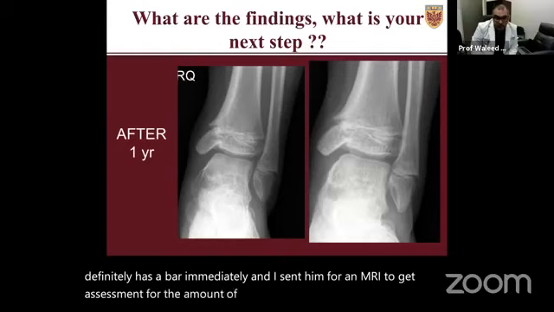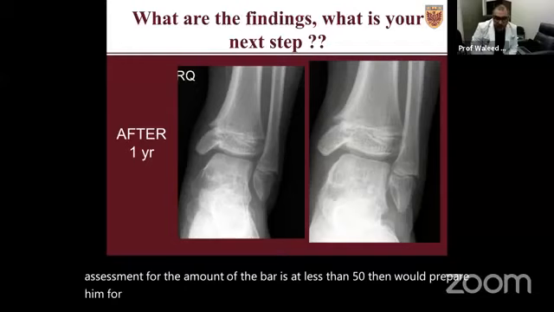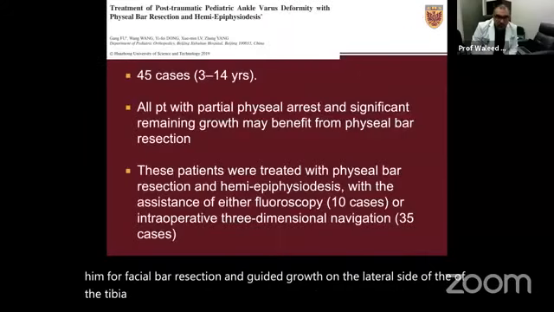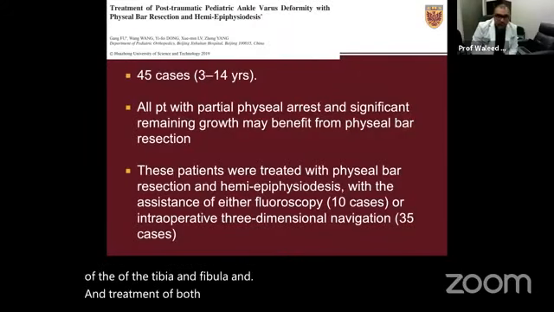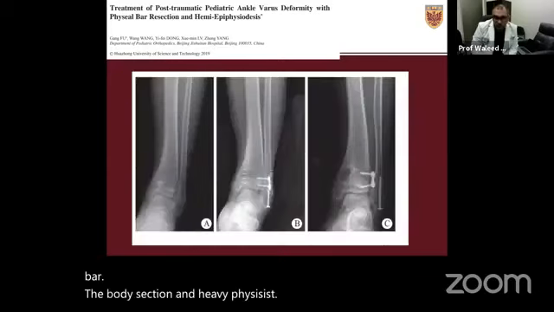Is it less than 50%? Then we prepare him for physeal bar resection and guided growth on the lateral side of the tibia and the fibula. The treatment of post-traumatic pediatric ankle varus deformity with physeal bar resection and hemiphysiodesis is working quite well.